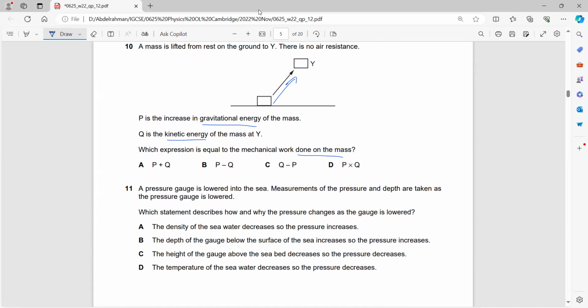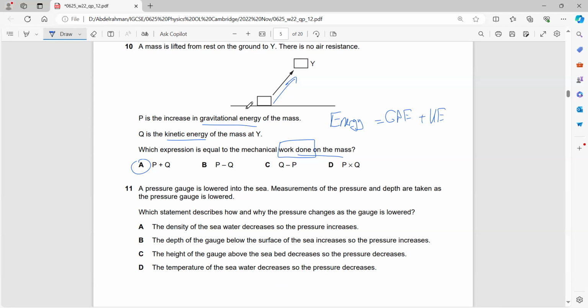So the total energy of the object is equal to the gravitational potential energy plus the kinetic energy. We just add them up to find the total energy, the total work done on this object.